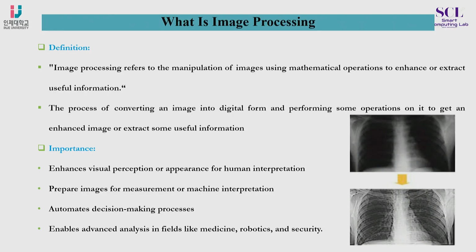For example, if you look at this image, it is blurry and not good, and there is no good interpretation of it. If you present this image to someone, he cannot recognize what is inside it, only some black area and some white area. But after applying some mathematical operations on this image, we can get some visualization of it.